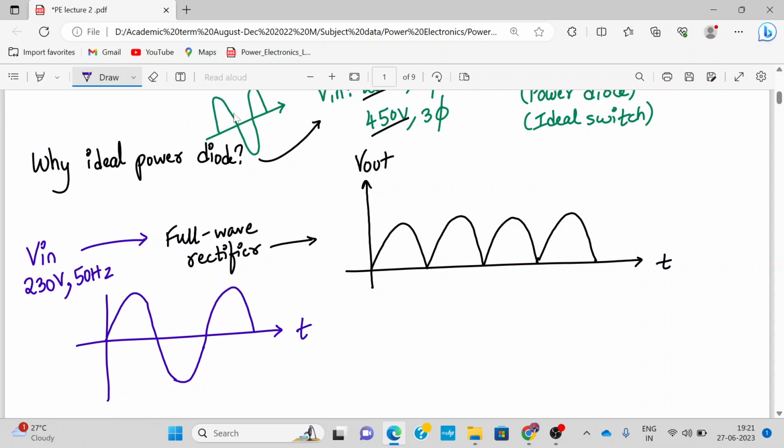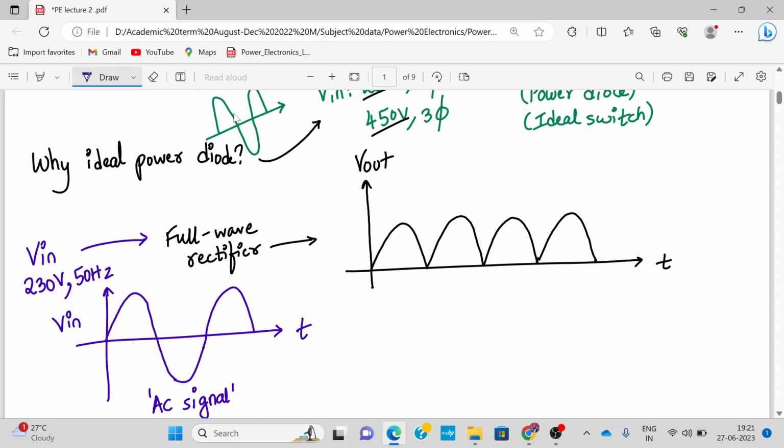So this is my V in. Now I want to know whether this V out is an AC signal or a DC signal or something else. Whether the input is an AC signal? Yes, it is. Now what's the mathematical definition of an AC signal? Any signal which is periodic and whose average value is 0 is an AC signal.